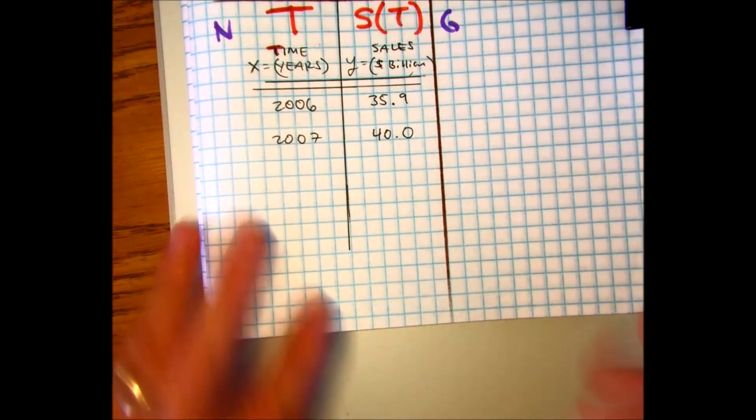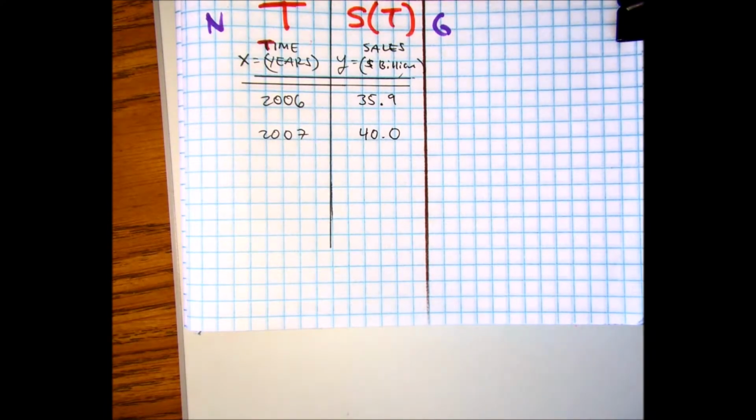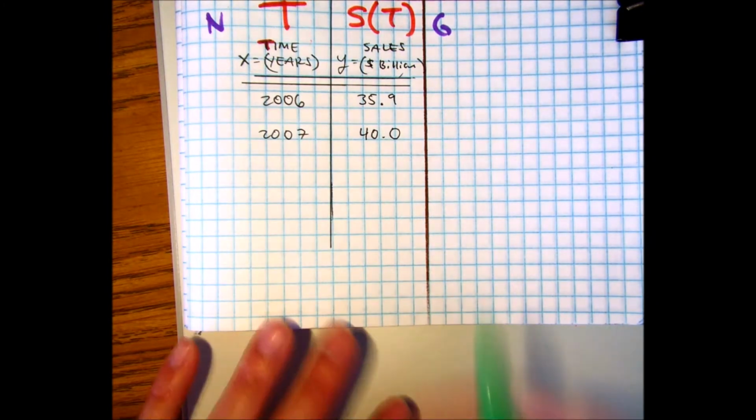So let's go ahead and use this now. Partner A, tell partner B the formula for slope. Mary Grace, formula for slope.